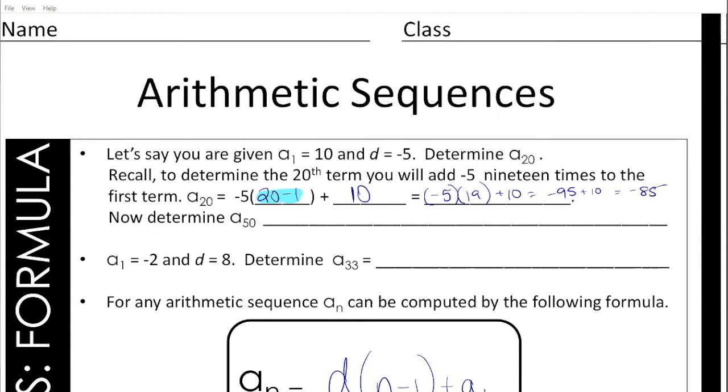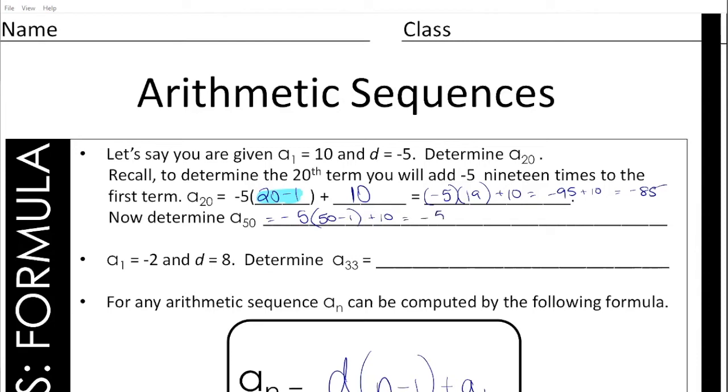And we can do this for the next term if we want it. We can find the 50th term. Maybe I can get to 20 quicker. Maybe. Probably not. However, I know for sure that it's going to take you a hot minute to get all the way to 50. Okay, so remember, we put a_50 equals, our common difference is -5 times 50 minus 1, plus our starting number 10.